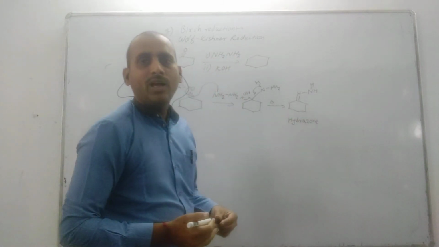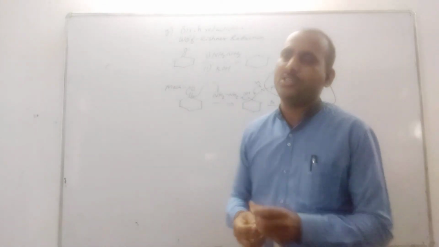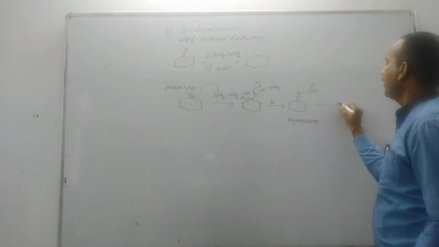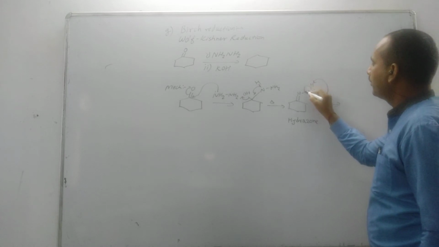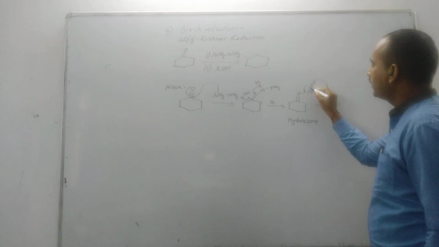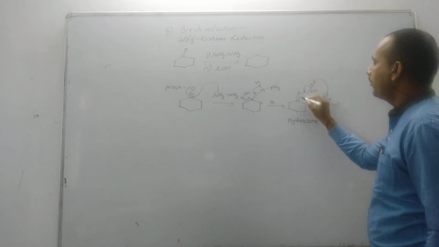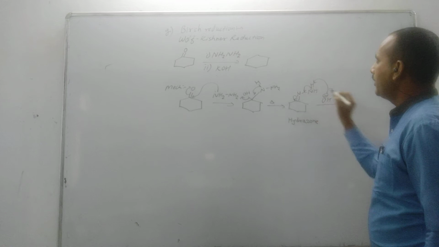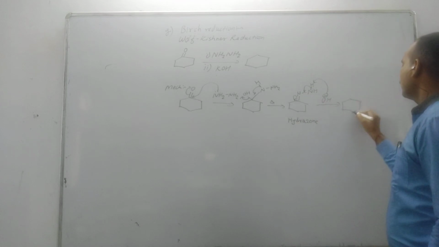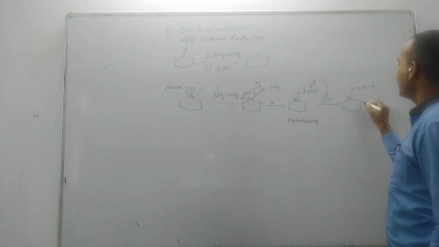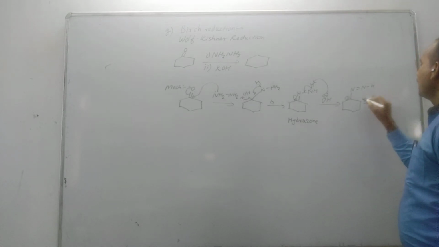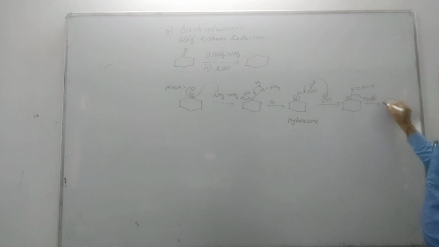In the presence of KOH, this KOH is the base that abstracts the proton, and the electron shifts to form a nitrogen-nitrogen double bond, and there is generation of a carbanion with a double bond NH. Here is the carbanion. This carbanion on protonation gives H and double bond NH.